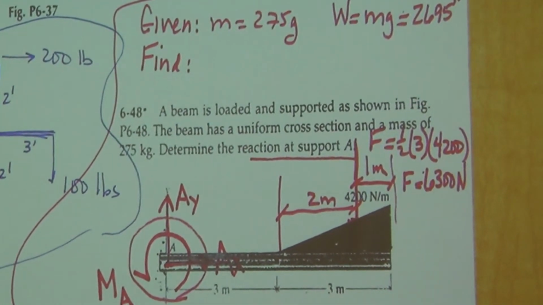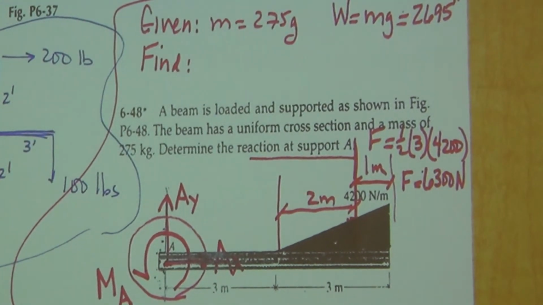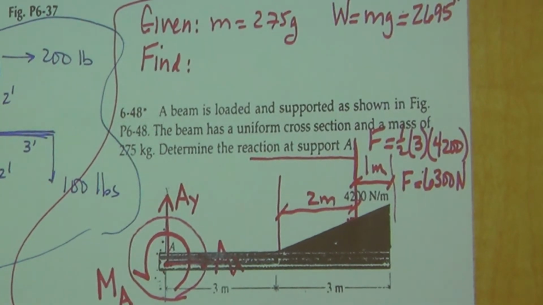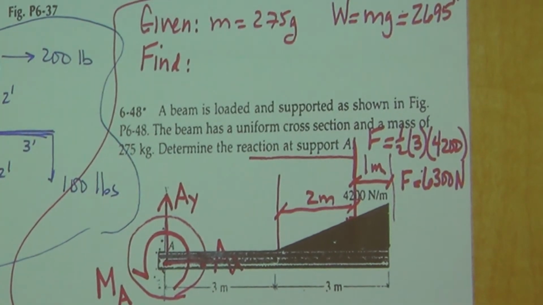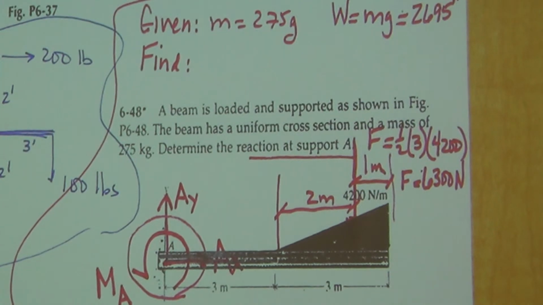So, is that 1 newton at 4,200 meters, or is it 4,200 newtons at 1 meter? 4,200 newtons per meter. So every meter, it's 4,200. So the height's not 1 meter?